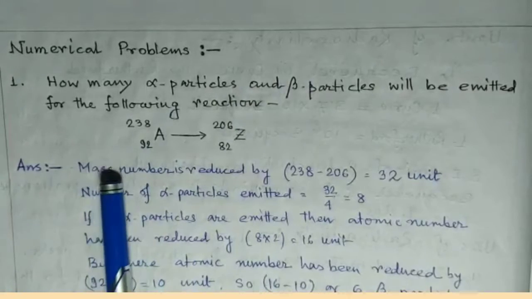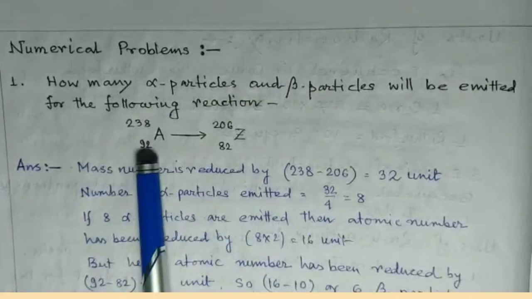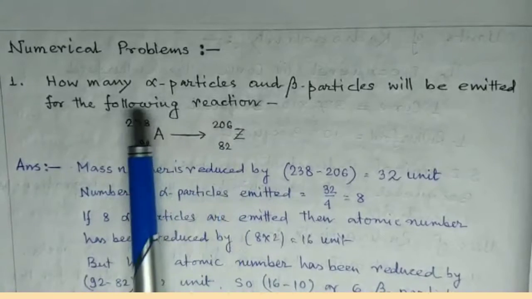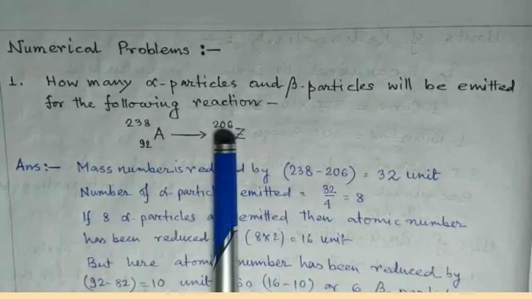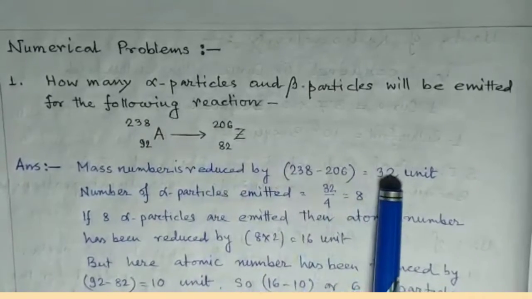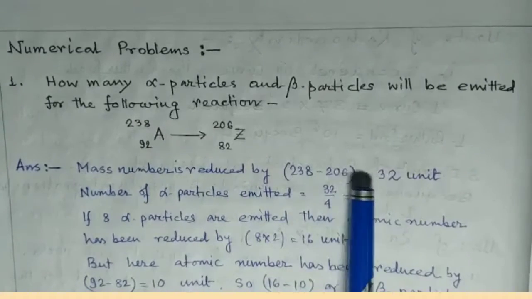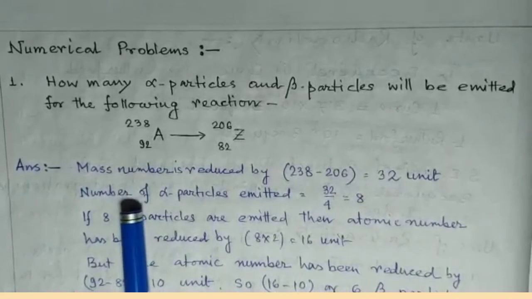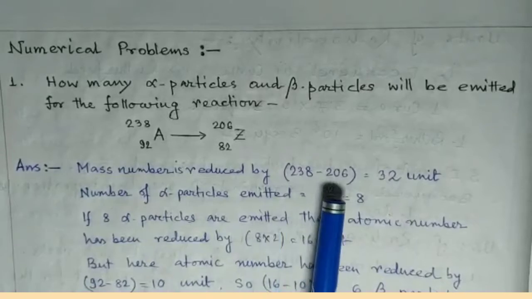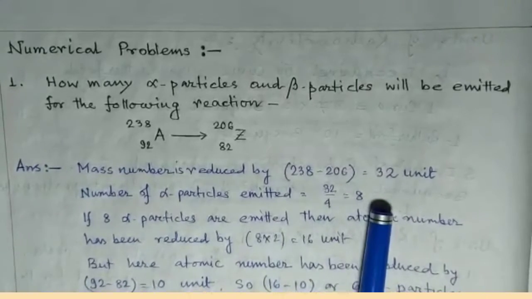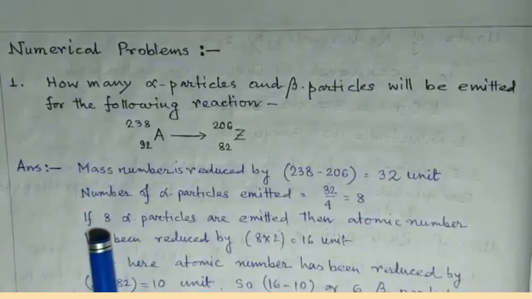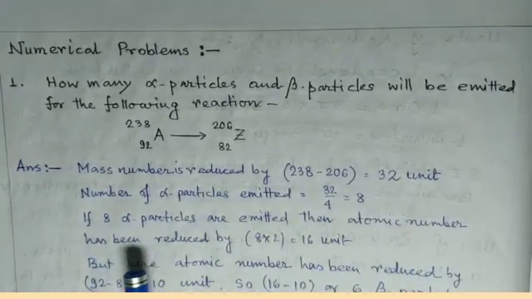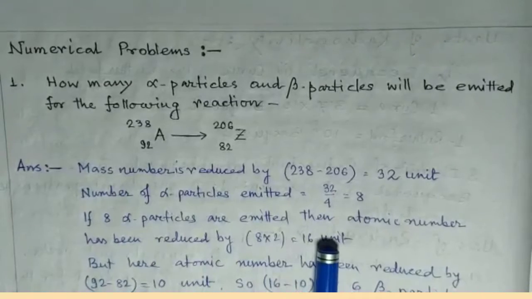First, atomic number is reduced by 92 to 82. Mass number is reduced by 238 to 206. So 238 minus 206, 32 unit. Therefore, the number of alpha particles emitted is 32 by 4 is equals to 8. If 8 alpha particles are emitted, then atomic number has been reduced by 8 into 2, that is 16 unit.